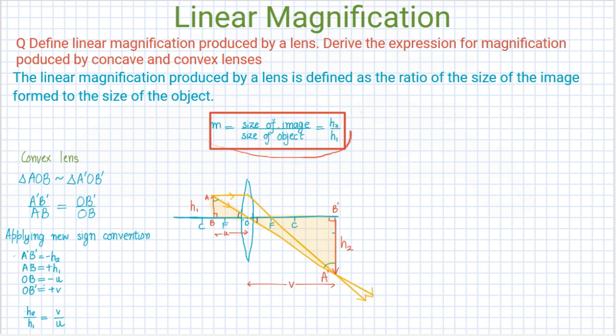Therefore, for a convex lens, your linear magnification m equals H2 upon H1, which in turn equals v by u. This is the formula of linear magnification for your convex lens.